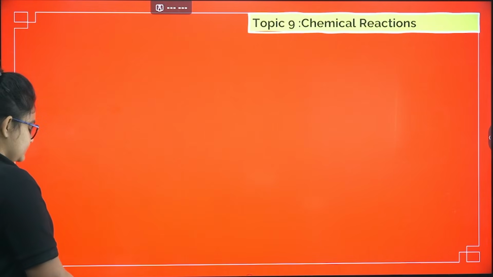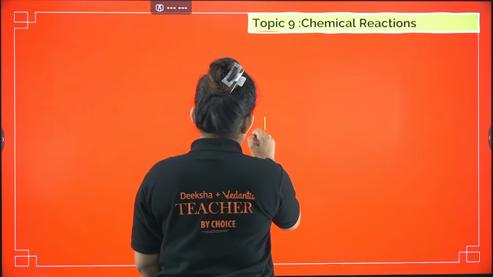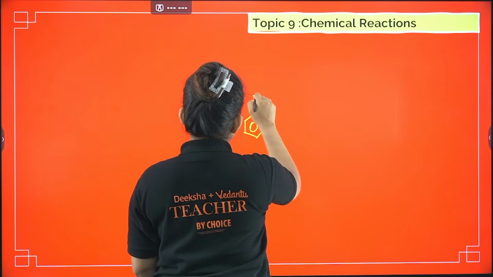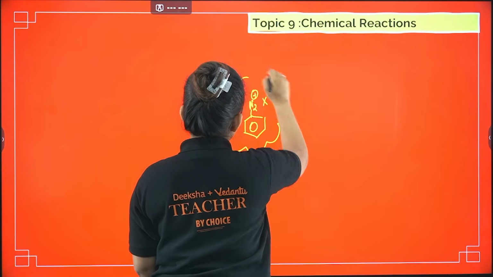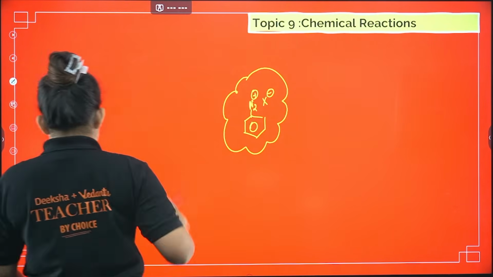So let's say I am having diazonium chloride, N2+ X-.